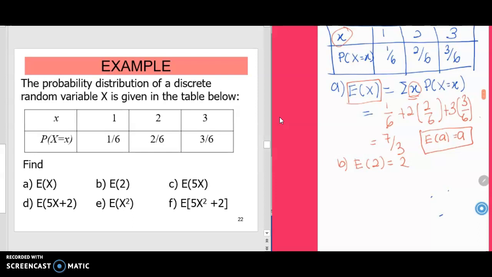Or we can prove, let's say we have E(2) is equal to the sum of 2 times P(X = x). So this one is 2 times 1 over 6 plus 2 times 2 over 6 plus 2 times 3 over 6. So this one is equal to 2.